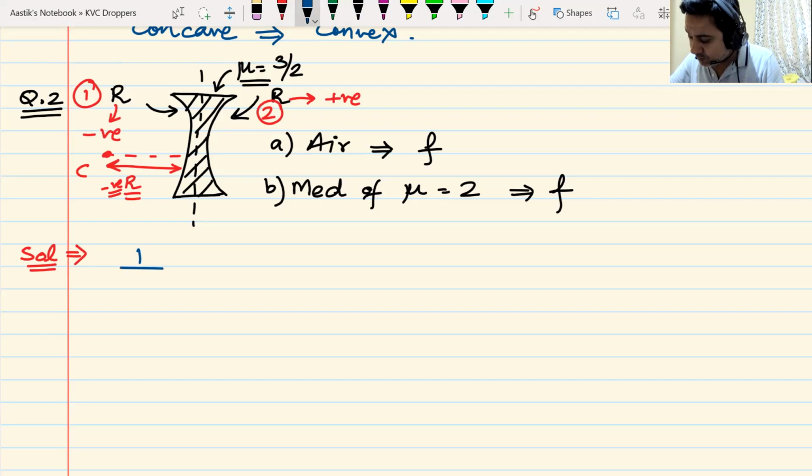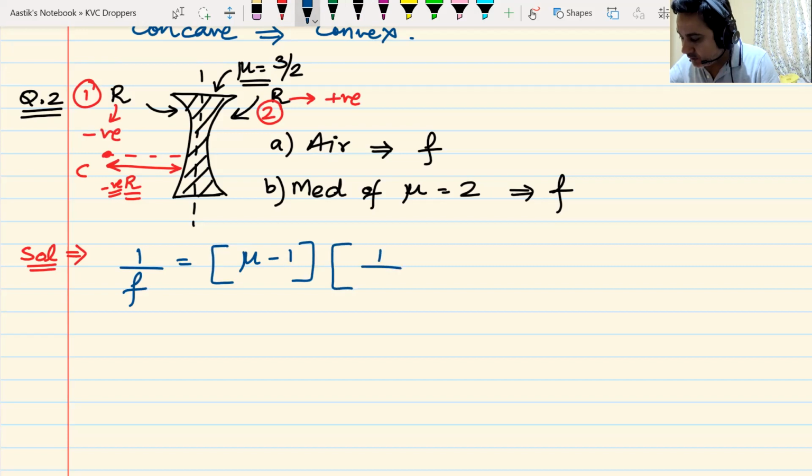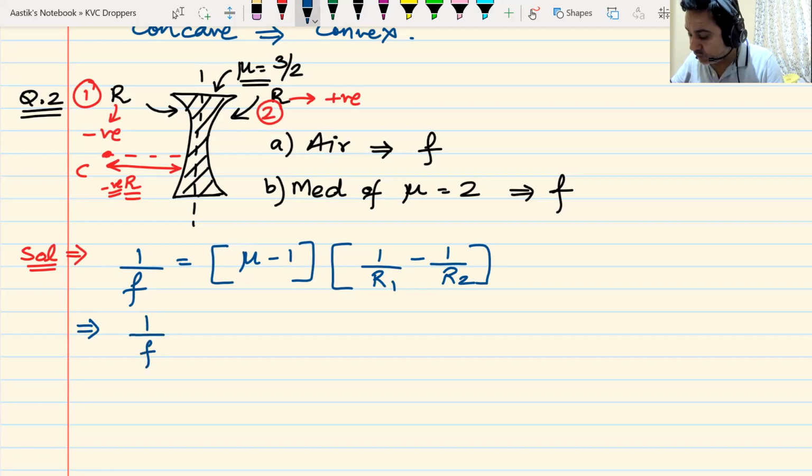I now put the formula 1 by F is equal to (mu minus 1) times (1 by R1 minus 1 by R2). I'm writing the formula once so that all of us understand it. Now in the next step, I will just put the values. 1 by F will be equal to mu.